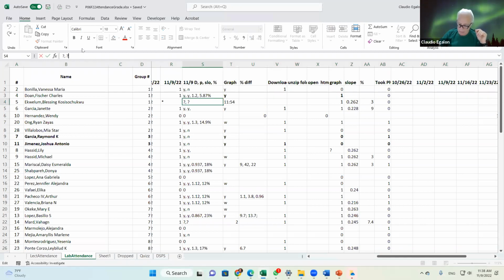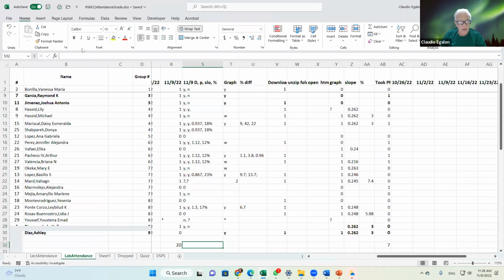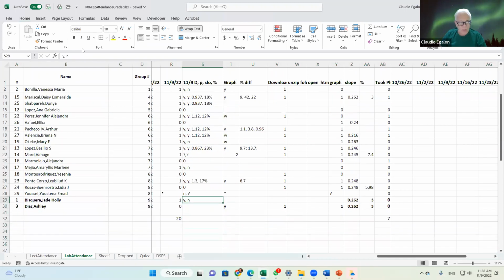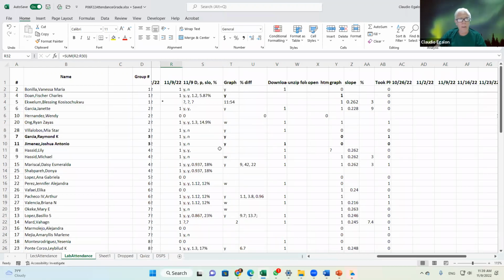Okay, Blessing, I'm going to put another question mark here. Who else? Justena. Justena is not here. Justena was initially here, then she disappeared. We have 20 here.